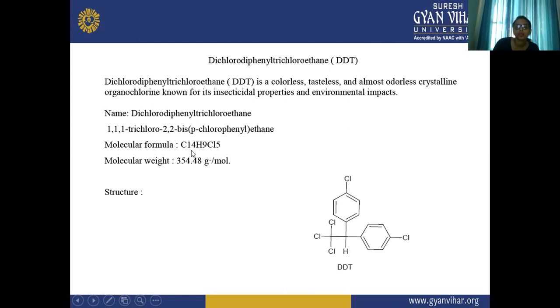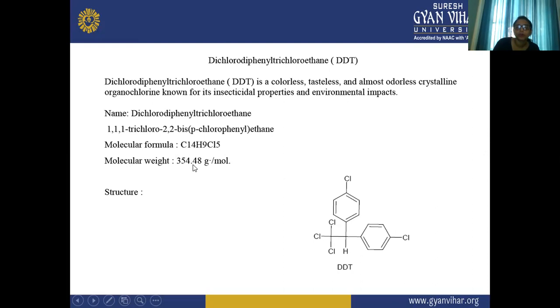Next, its molecular formula is C14H9Cl5, and its molecular weight is 354.48 gram per mole.